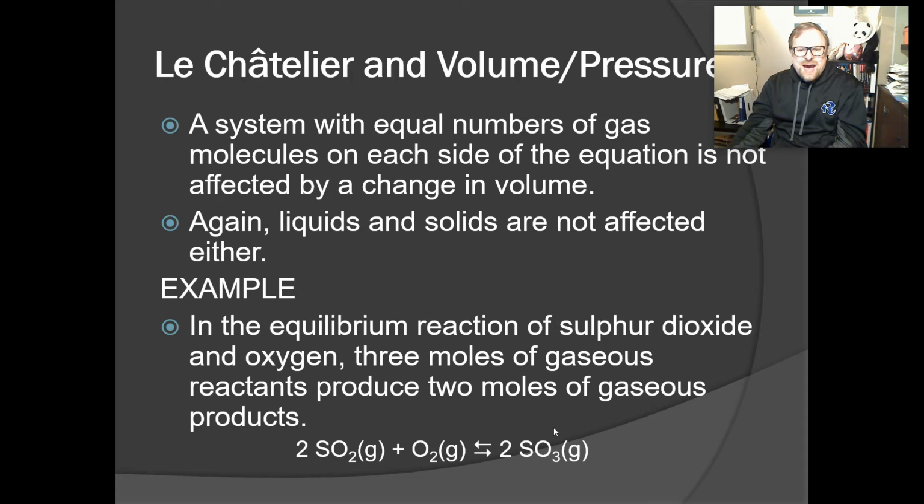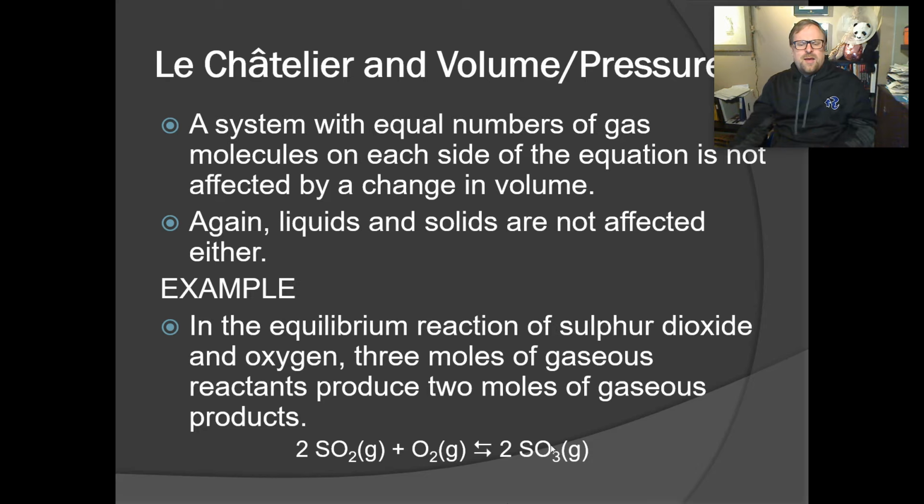So if we increase the pressure or decrease the volume of this system, the reaction is going to shift to favor the products, because it's going to try to undo that increase in pressure. How is it going to? It's going to undo the increase in pressure by taking 3 moles and turning it into 2 moles. That decreases the number of particles bouncing around in the system, which decreases the pressure in that system.